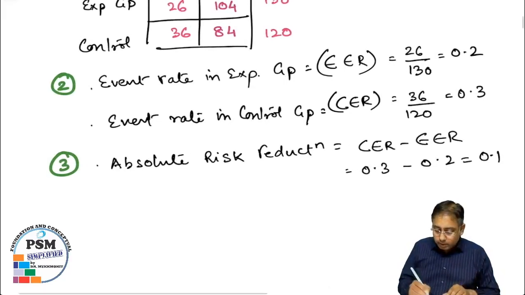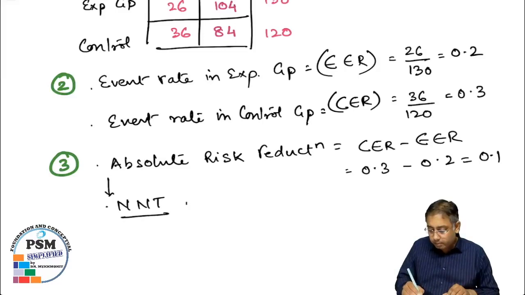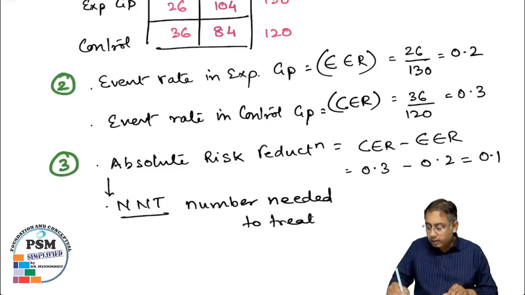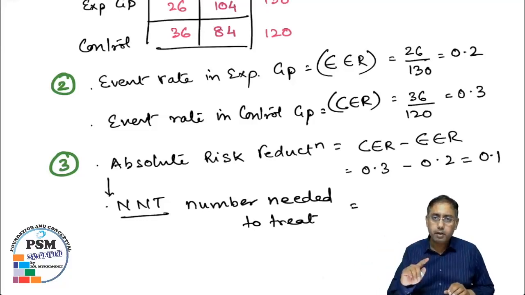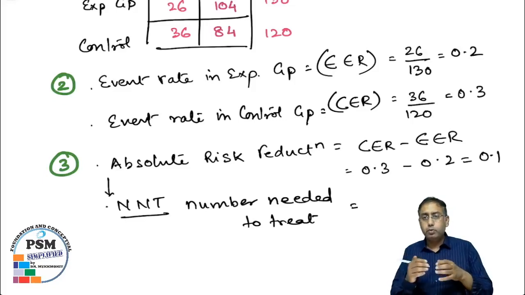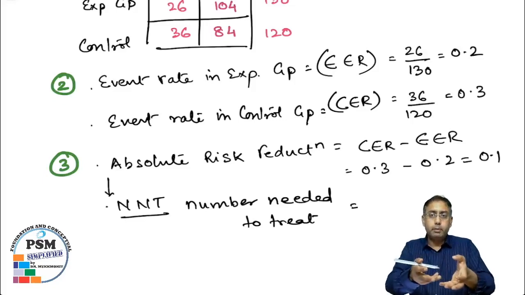So what is the number needed to treat? It can be the number needed to treat or the number needed to harm. It is just the inverse of it. When we take the number needed to harm, that is how many people you will need to induce death in somebody.